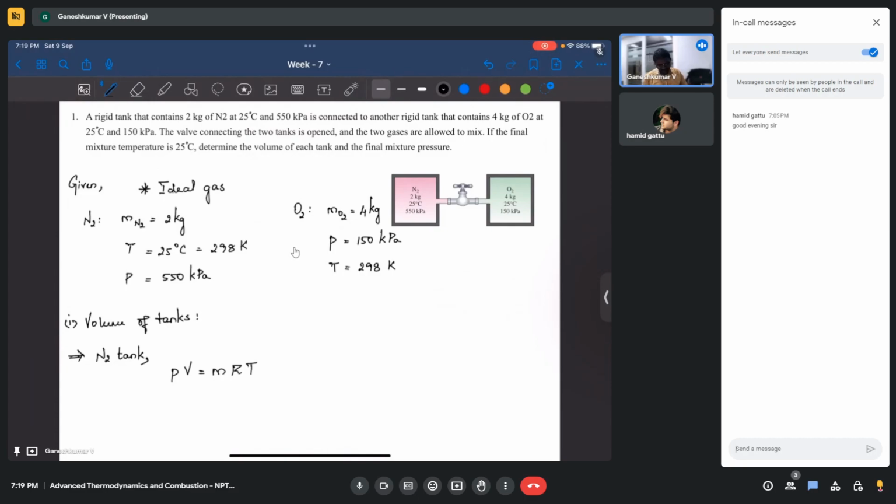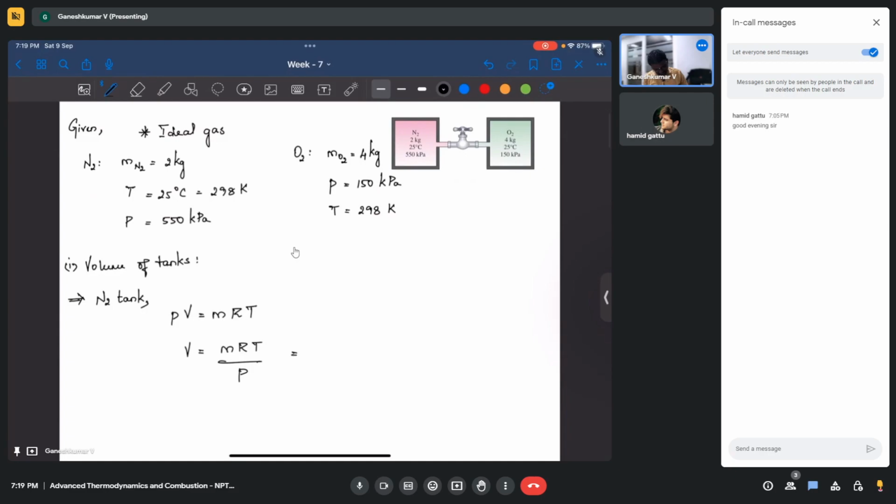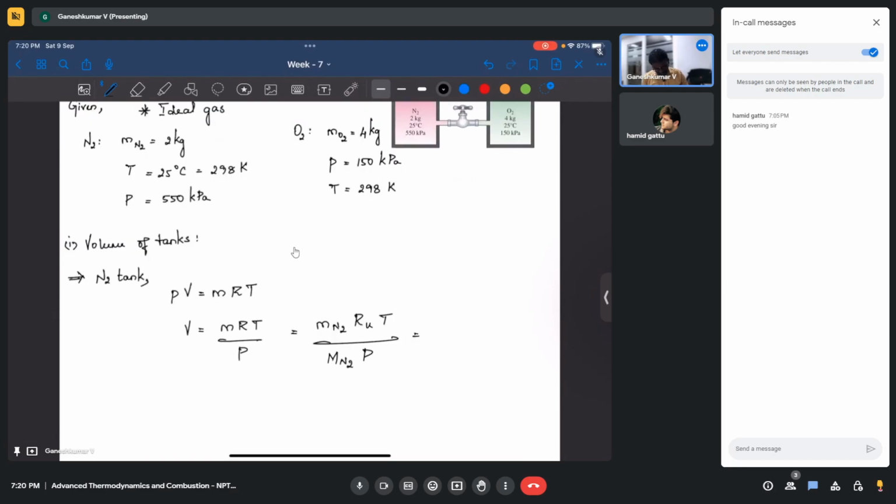Here I wrote in terms of mass, so this can be written in terms of volume. So volume is equal to mRT over P. Here everything is for N2. You can rewrite it as universal gas constant divided by molecular weight of N2, times T, over pressure P. Can you quickly calculate and let me know?